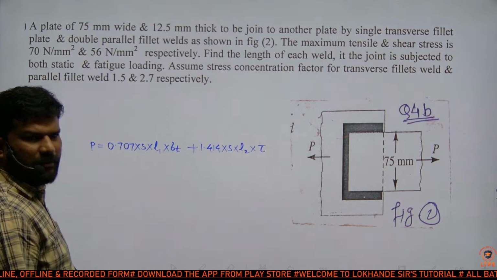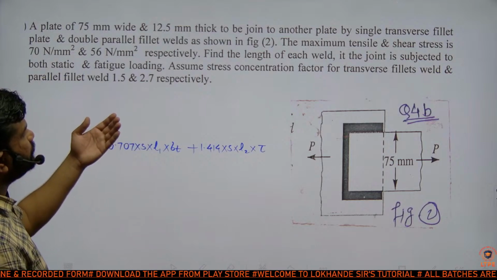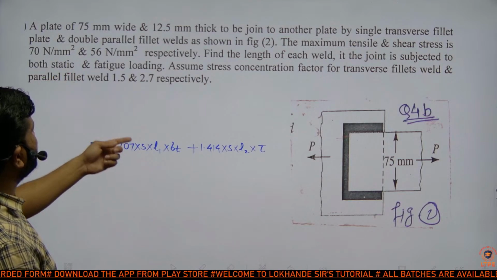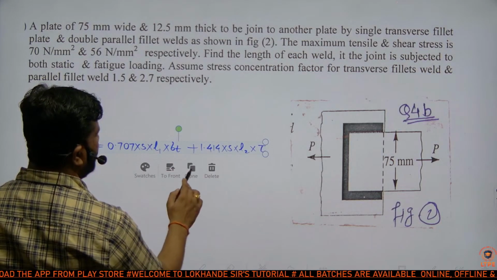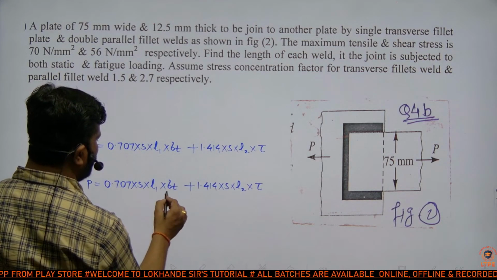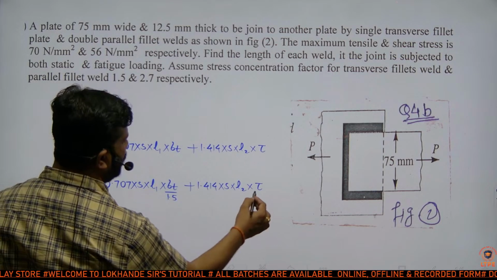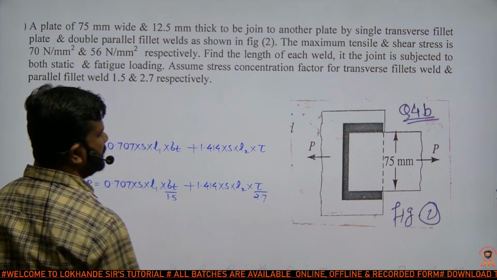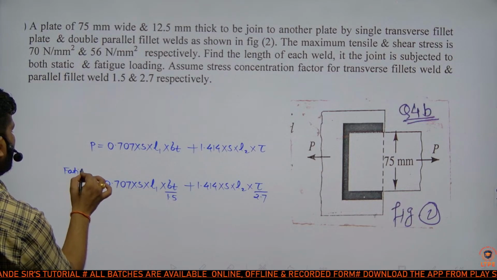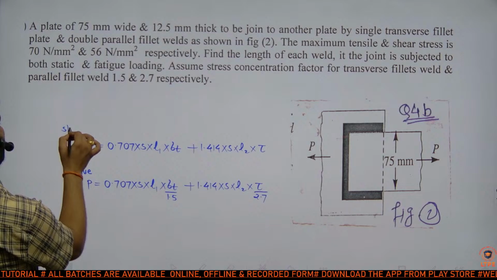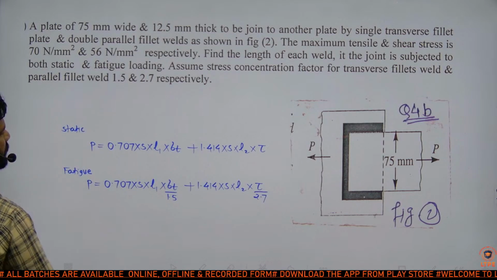From here we found L2. And for static loading this formula is used. For fatigue loading, we have to divide it by stress concentration. This is for which loading? Fatigue loading, and this is for static loading.